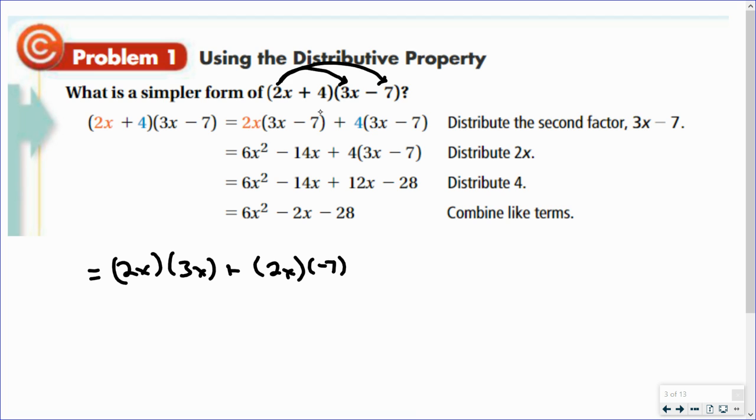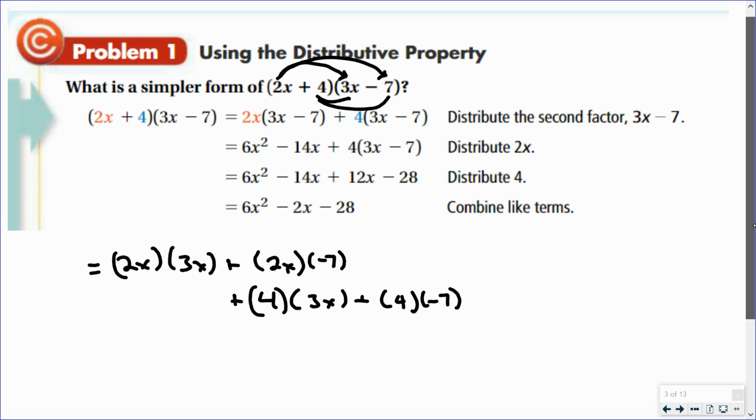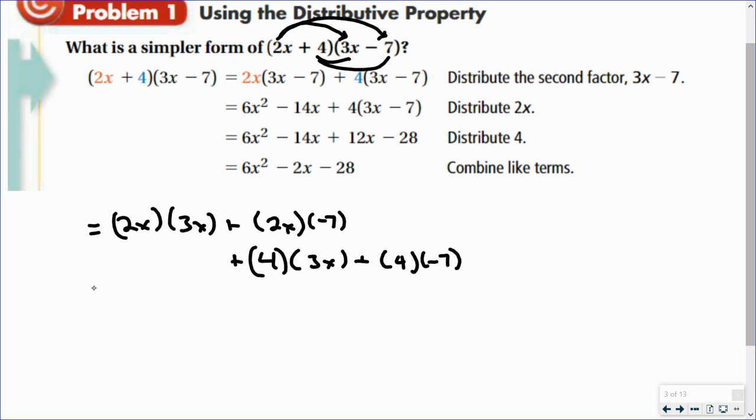Now that I'm done with that, I'm going to take 4 times 3x and 4 times negative 7. I write it down here just like how when I did the arrows above, I put it above, the arrows below, I put it down below. The reason that I do this is so that when I start to combine things, they end up matching up. That helps me to figure out what I need to do next.